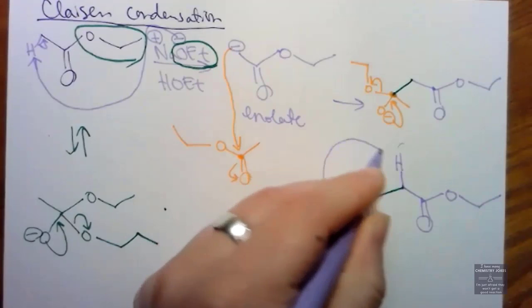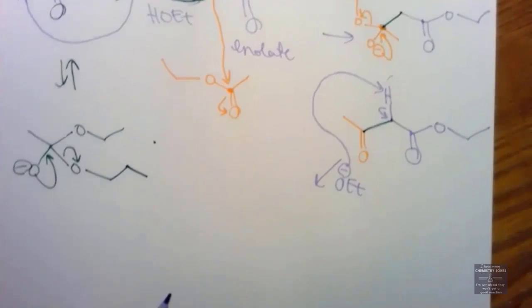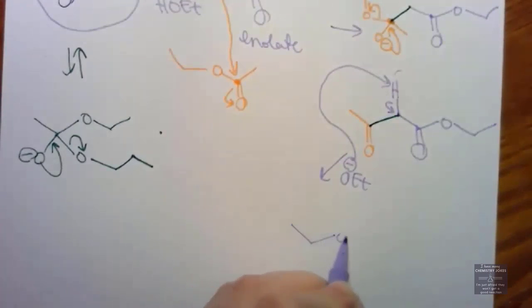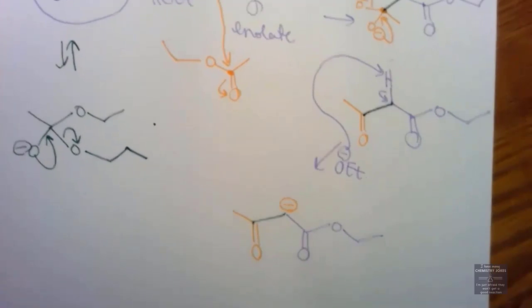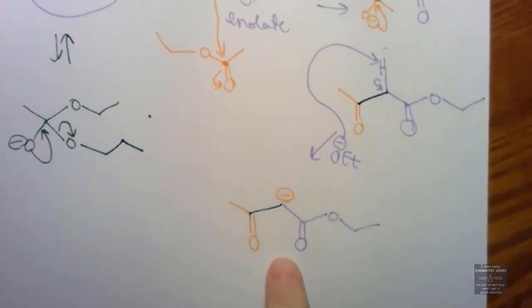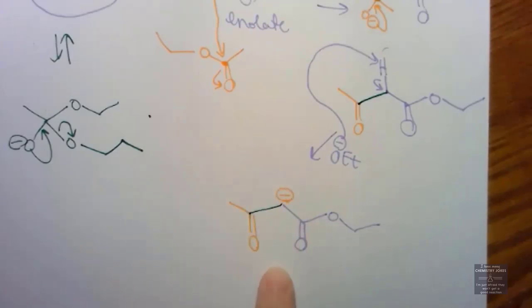So NaOEt plucks an alpha hydrogen from between the 2 carbonyl things you just created to give you another enolate. This enolate is super stable, remember, because it's got delocalization this direction and that direction. Super stable enolate.